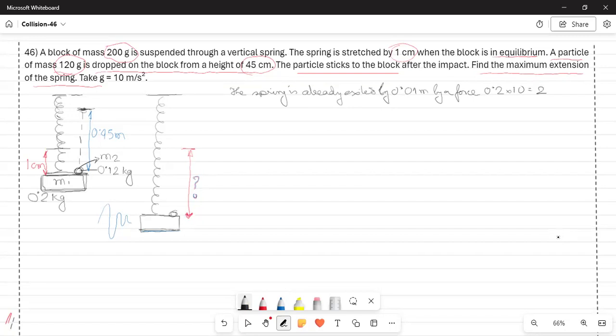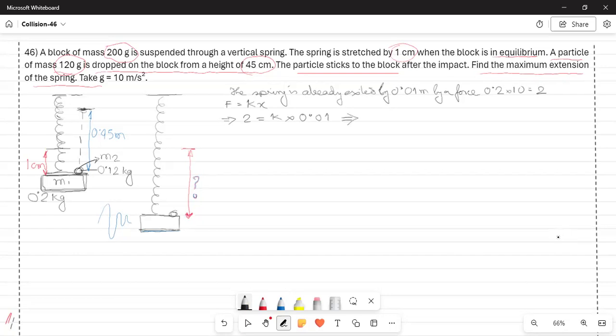So by the spring formula, force F is equal to spring constant K into X. From there we get the force is equal to 2, equal to K into X, X is 0.01.